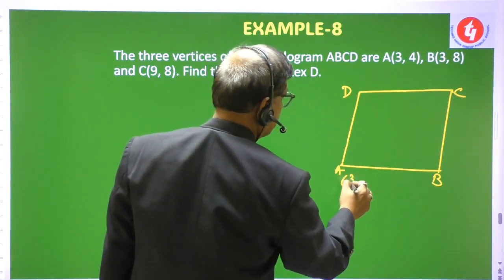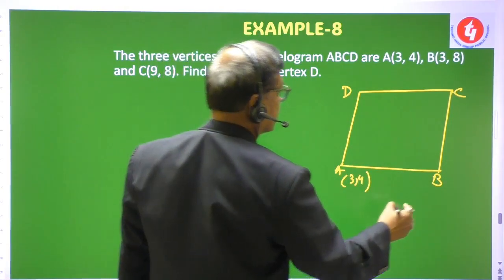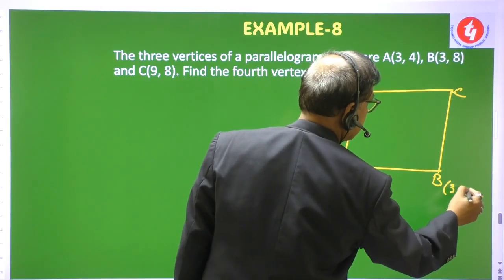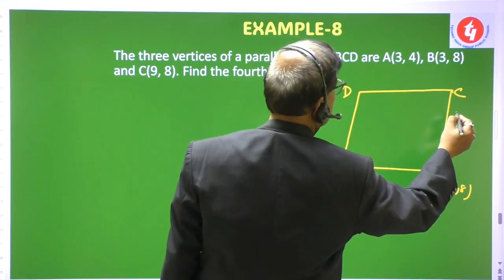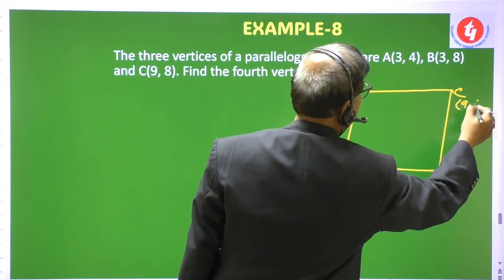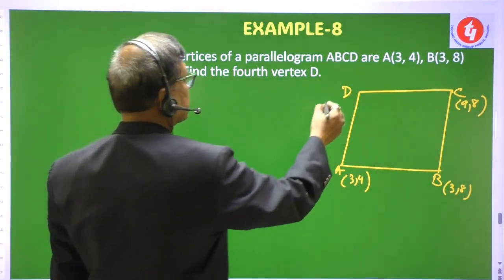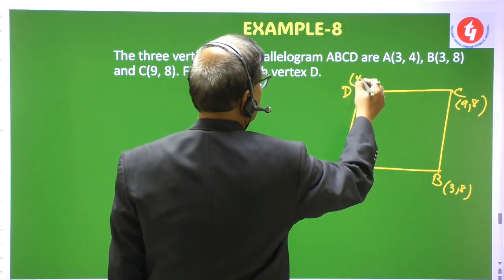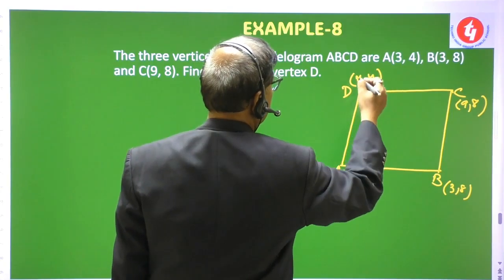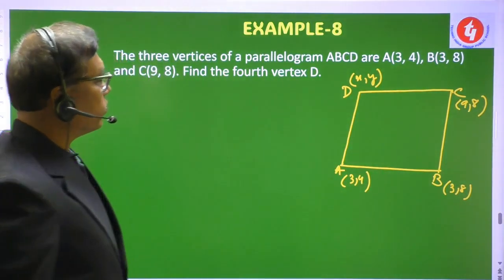Coordinates of A given 3 comma 4, coordinates of B given 3 comma 8, and coordinates of C given 9 comma 8. We have to find the fourth vertex D. Say coordinates of D x comma y.